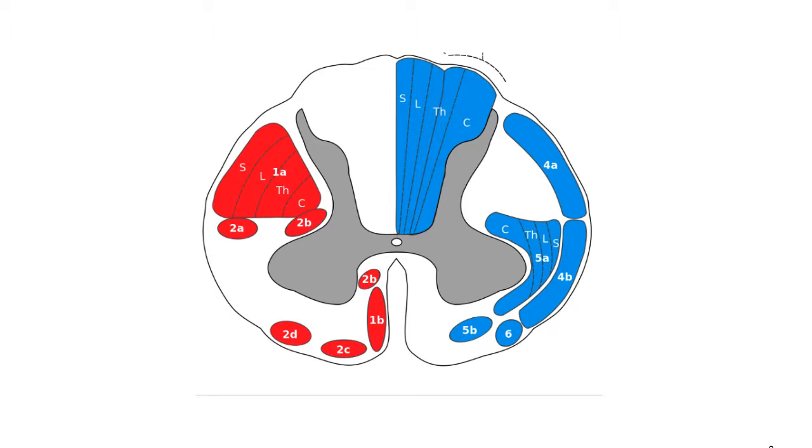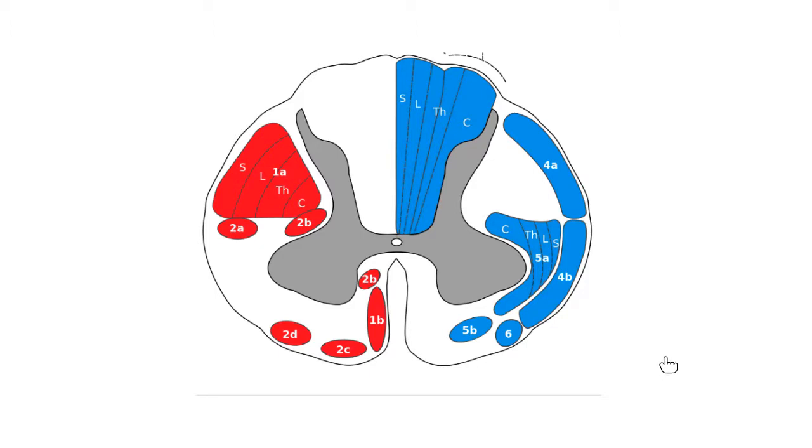Yeah, so Nicole is right. When we talk about reflexes, we have sensory information that comes in through the dorsal root, and it synapses with interneurons in the dorsal horn. It sends directions to motor neurons in the ventral horn, and that information comes out. When we talk about a reflex, it's all about the gray matter of the spinal cord.